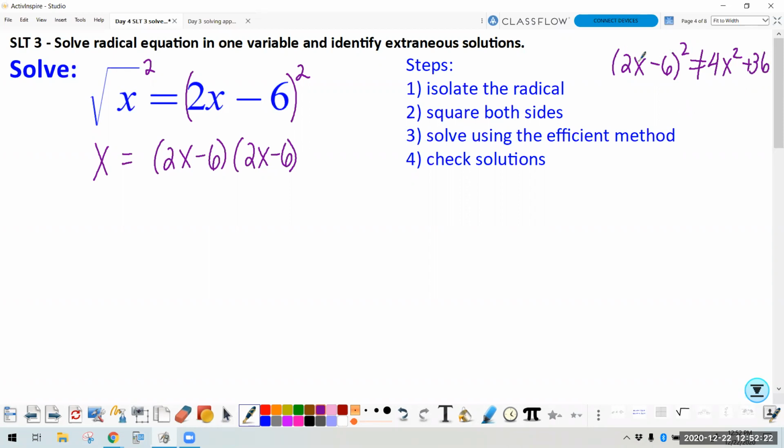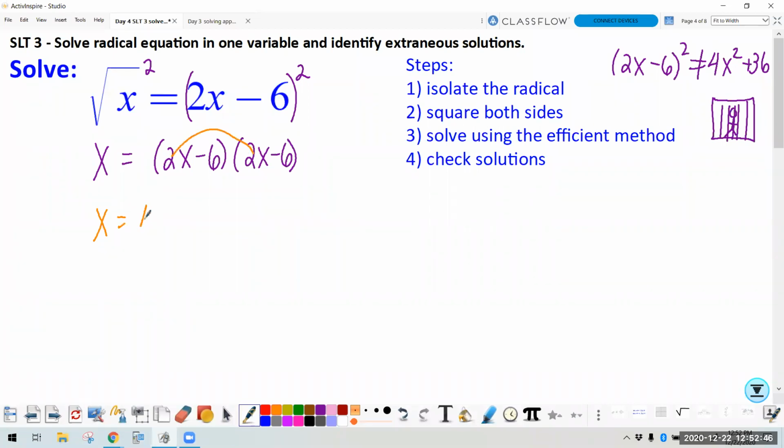It's not 2x squared and 6 squared. That's math jail. If I was going to draw on your paper in the building, you would get one of these. It's illegal. You can't distribute that power. Instead, we're going to multiply with FOIL, box method, and multiply these terms together.